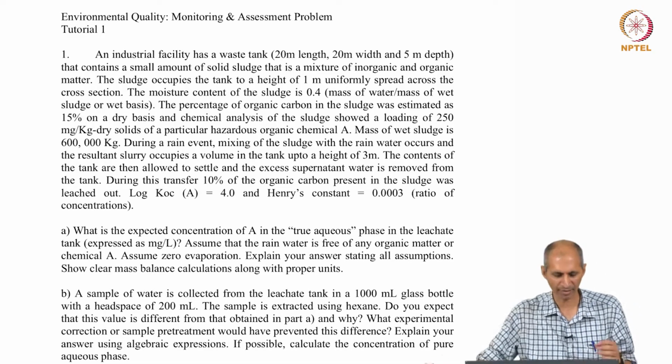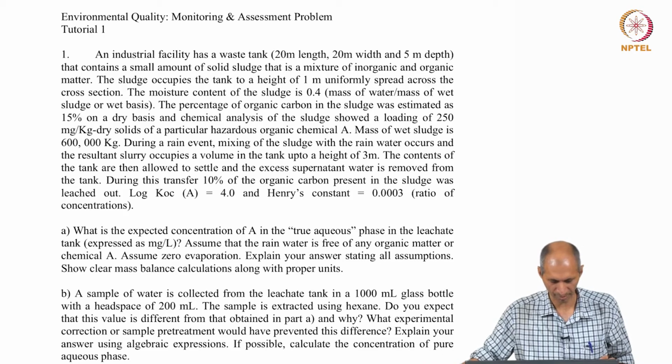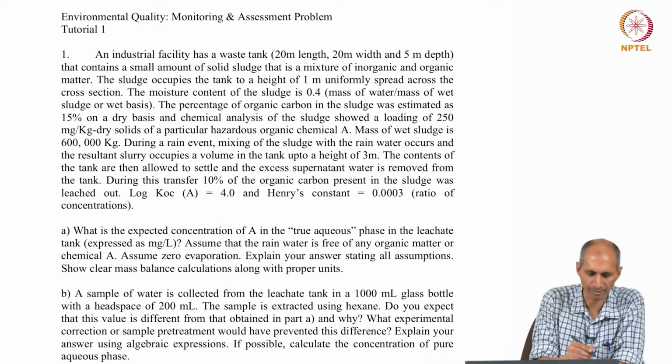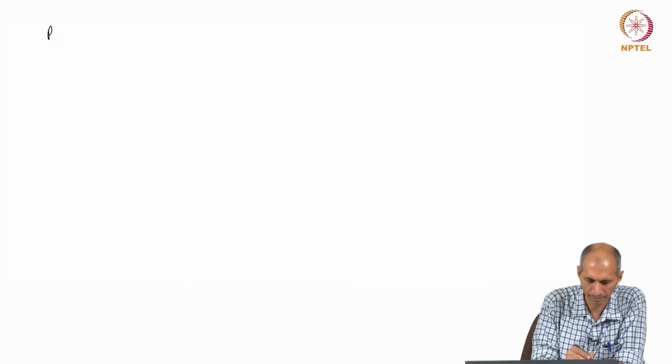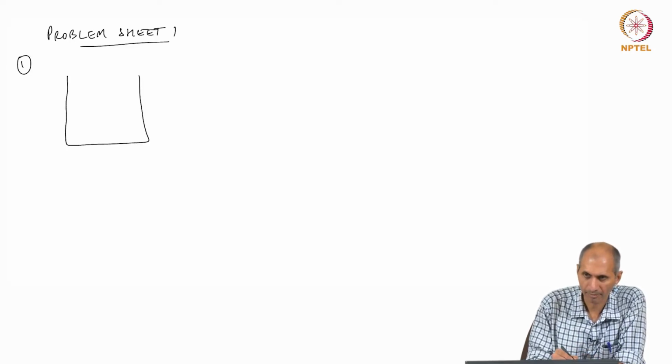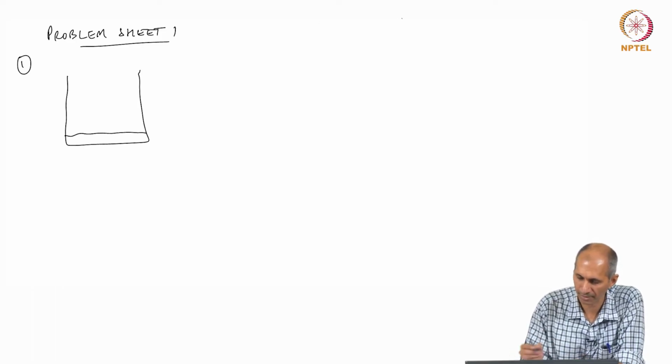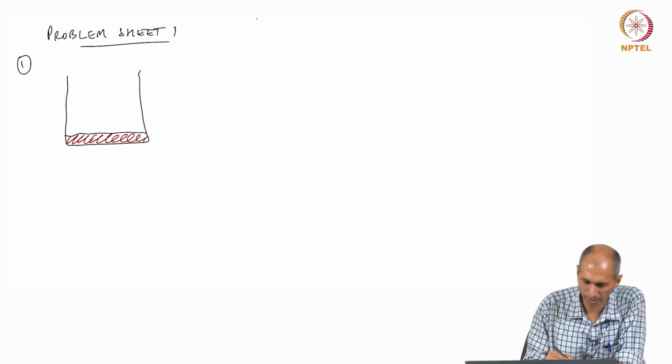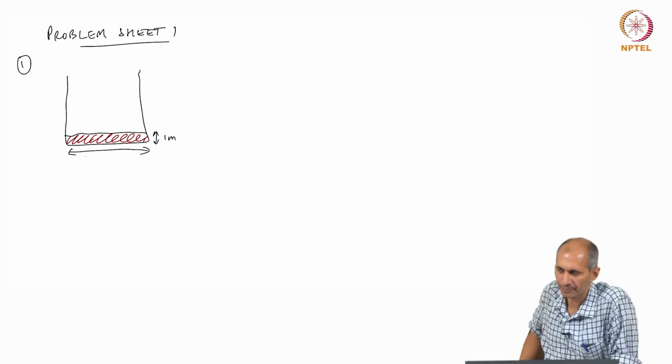So, let me write down this problem. I have a tank, and initially I have some sludge, and the sludge occupies 1 meter height and some cross-sectional area.